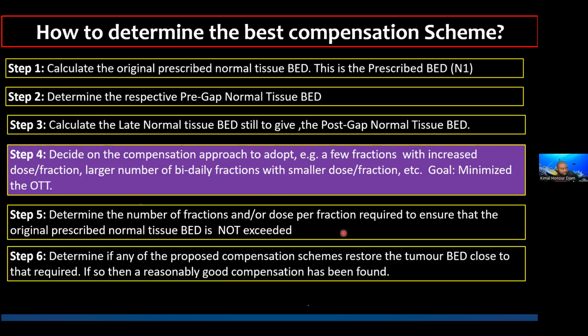And so to break it down into steps, which really makes it easy, I've broken it down into 6 practical steps that you can follow in order to do these calculations.